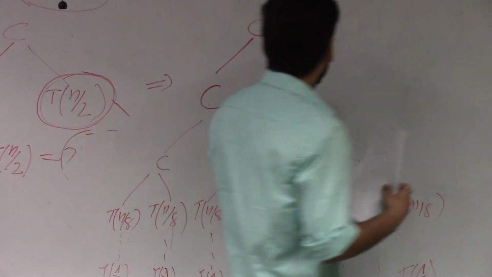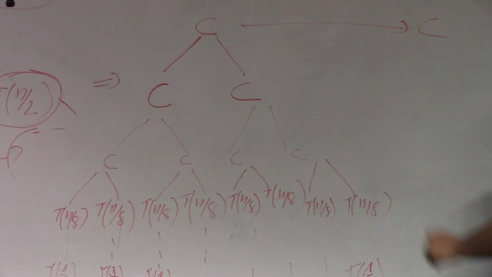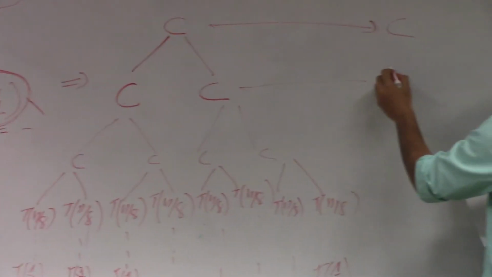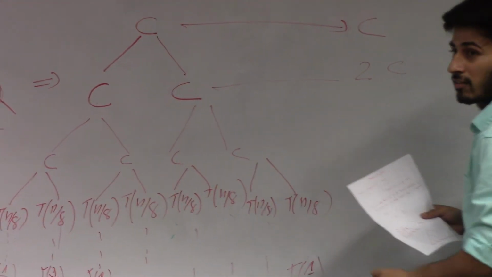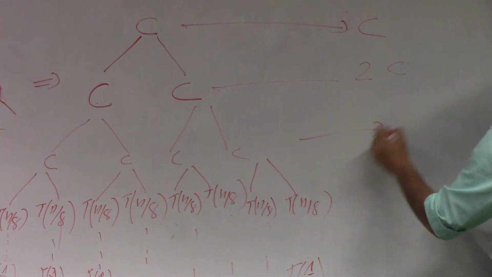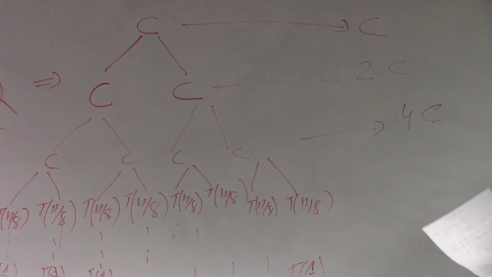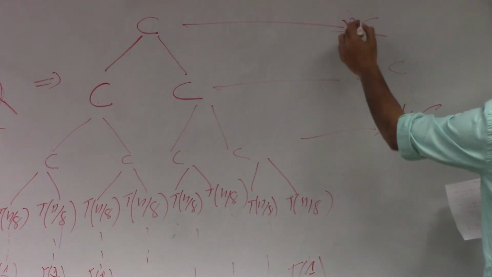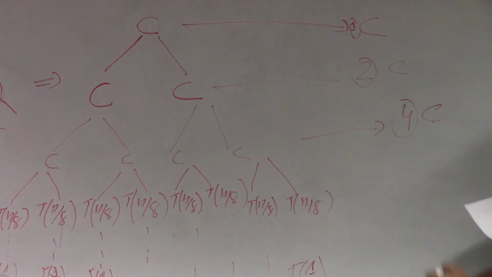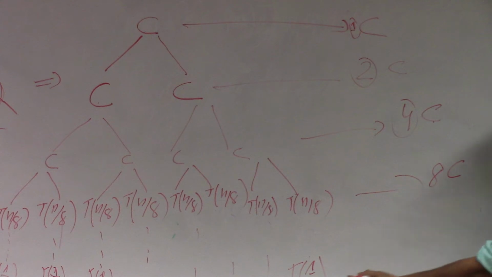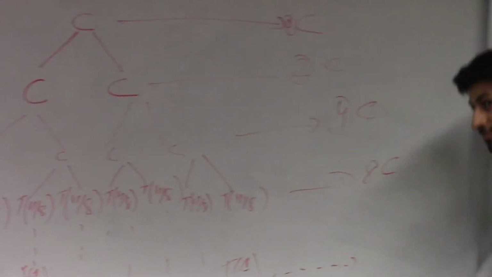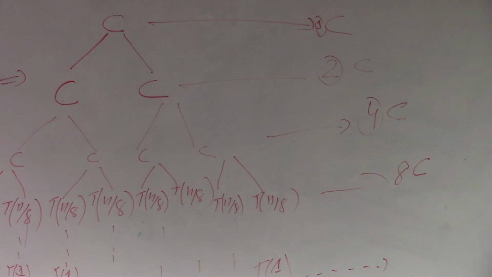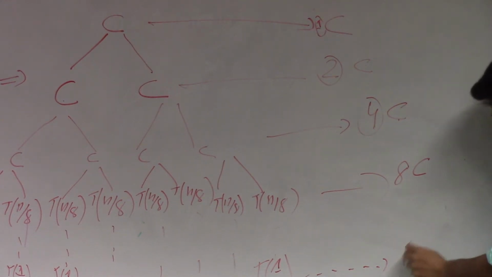Then add the levels: C, this is 2C, this is 4C. You have to look at the pattern: 1, 2, 4. So what will be this? 8, 8C. And what will be the last one? Yes, nC, correct.